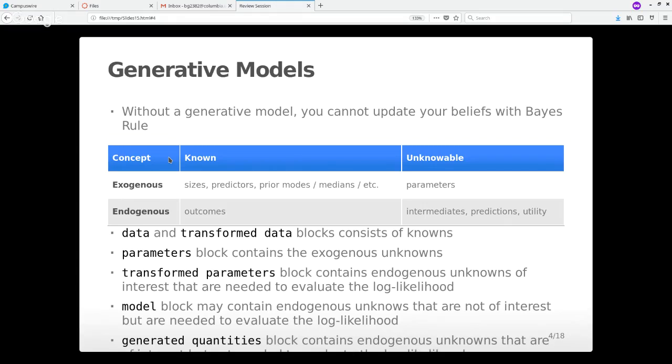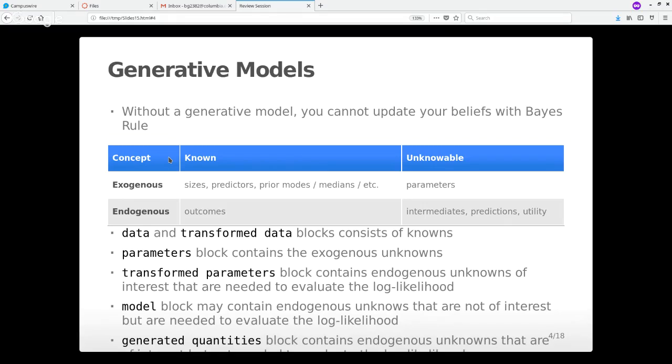So that would be not only intermediate quantities that you need to evaluate, like the log likelihood, in which case they're just kind of a placeholder function of the exogenous unknowables, but even more fundamentally, predictions of new data, evaluating your utility function, if the parameters were this or that, those all fall in the category of endogenous unknowables.